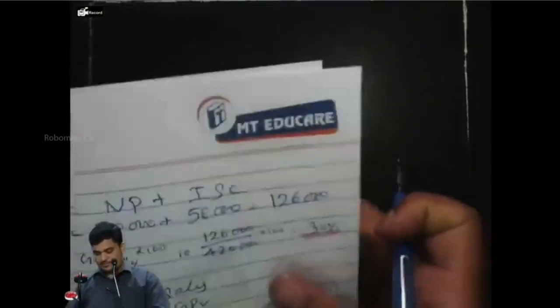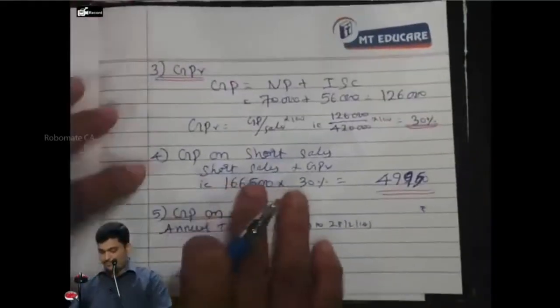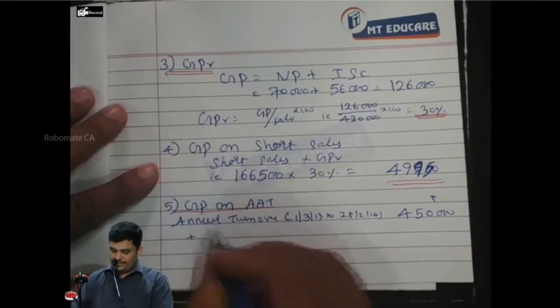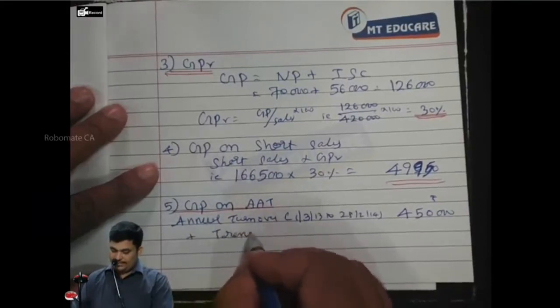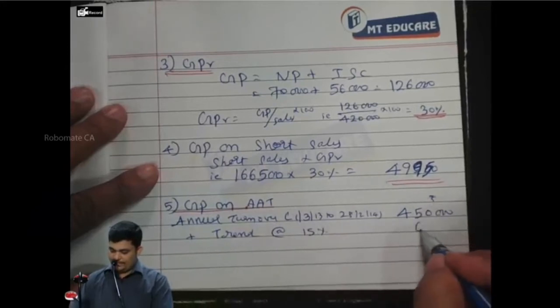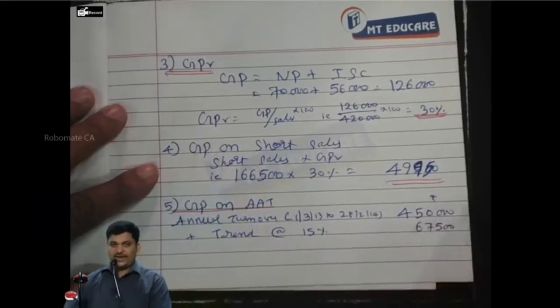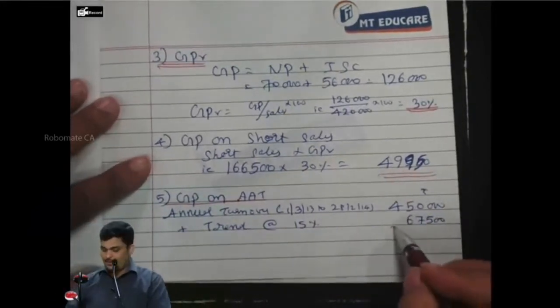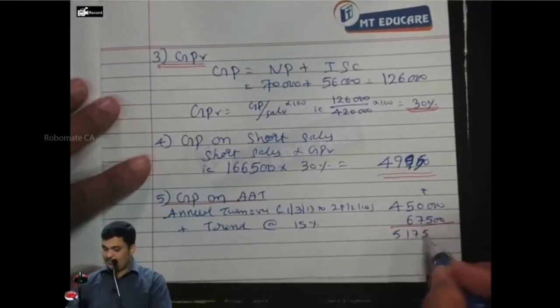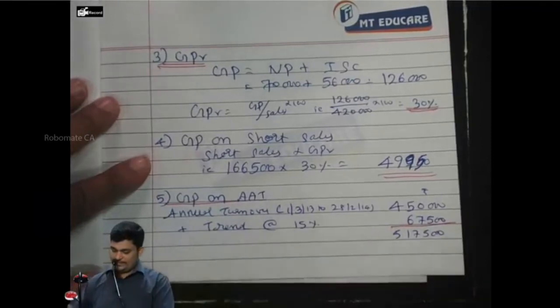How much? 4,50,000 plus trend at 15%, 67,500. Total amount will be 5,17,500.